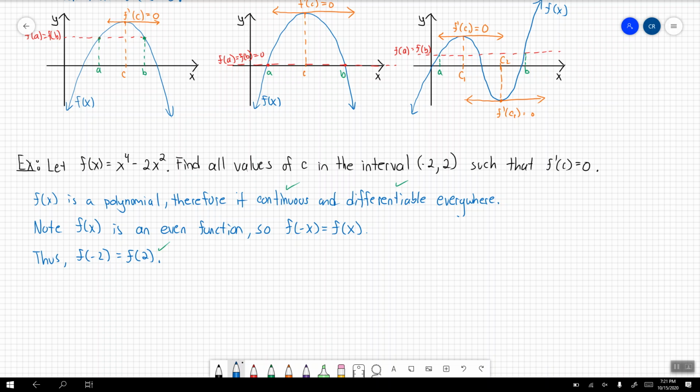So now we're going to go through and we're going to apply Rolle's theorem.